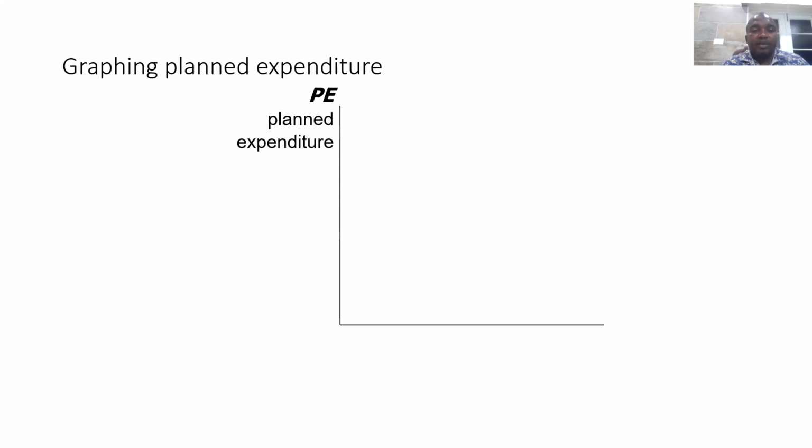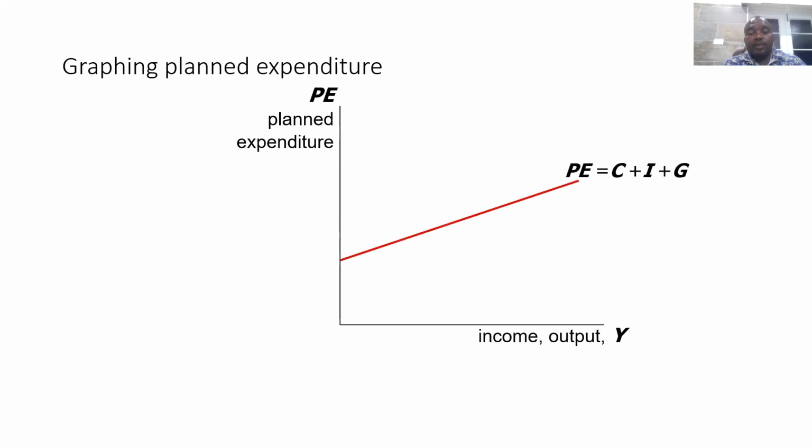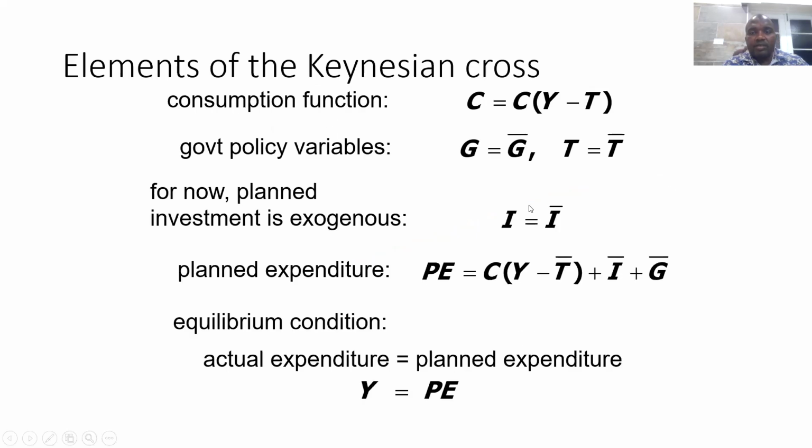We write planned expenditure on the vertical axis and the real level of output or income on the horizontal axis. This planned expenditure has a vertical intercept because of the autonomous consumption component of the consumption function. As we saw in the simple Keynesian model, we're just building on what we've already covered in the Keynesian cross model. And then I and G are also contributing to the intercept, since we assumed that they are exogenous.